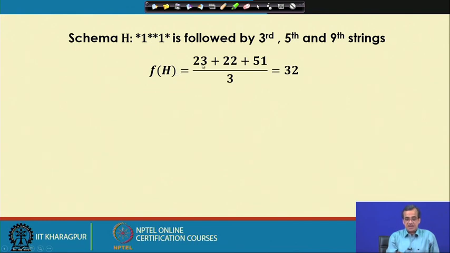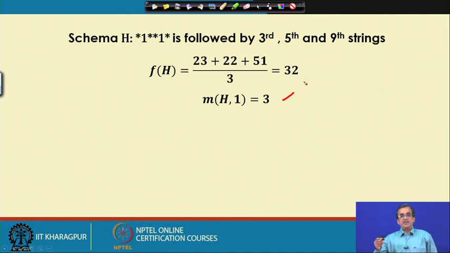If f(H) is the average fitness of the schema, it is nothing but 23 plus 22 plus 51 divided by 3, which equals 32. And m(H,t), that is the number of strings which follow schema H at the present iteration, is 3.